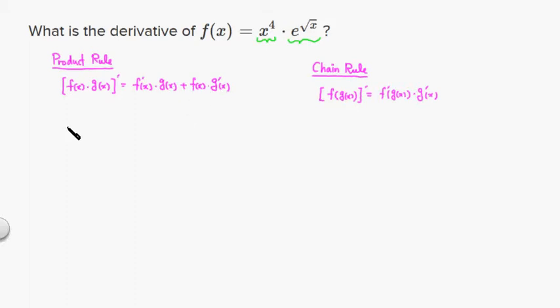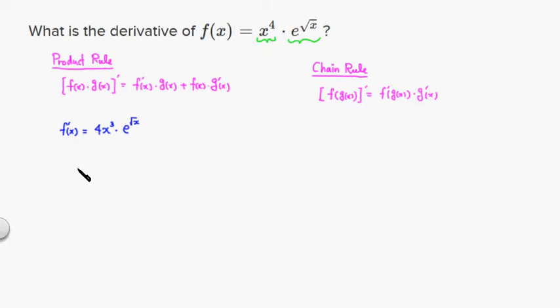So the derivative f prime of x is equal to the derivative of the first guy, so that's easy, 4x cubed times the second guy, so you just don't do anything to the second guy, so e to the square root of x.